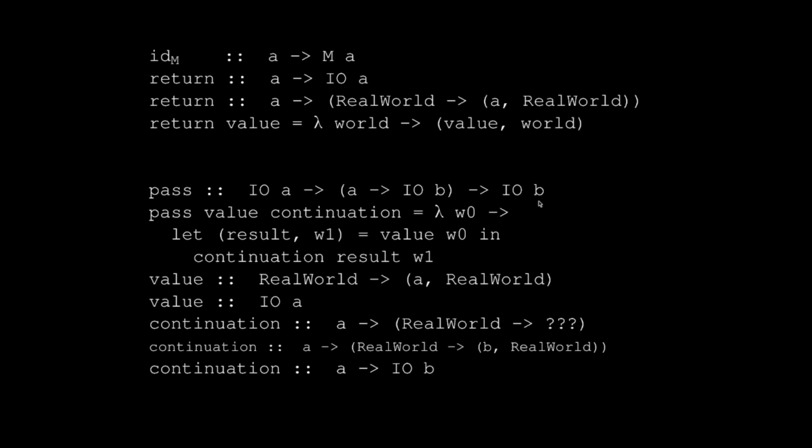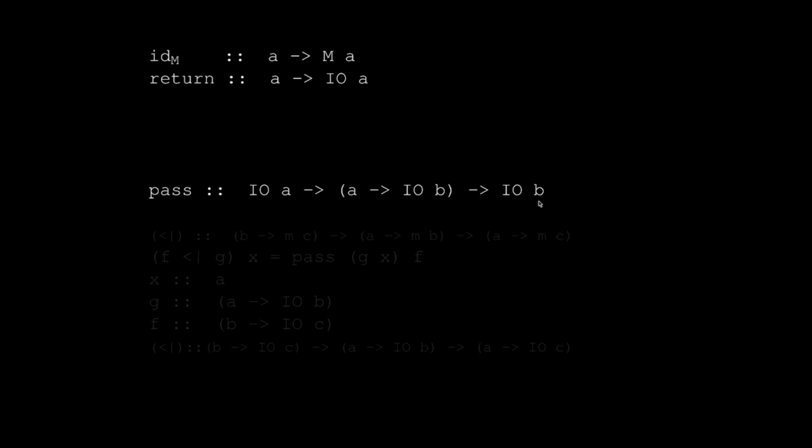This isn't quite the type signature that we've introduced with our definition of a monad. But notice that once we have the pass function, we could define the monadic composition operator in the following way. F monadically composed with g of x is equal to pass the result of g of x to f.